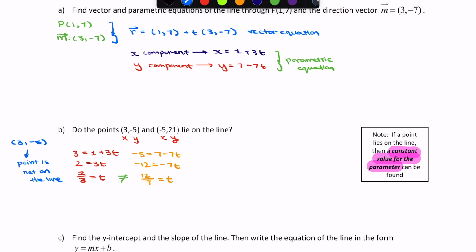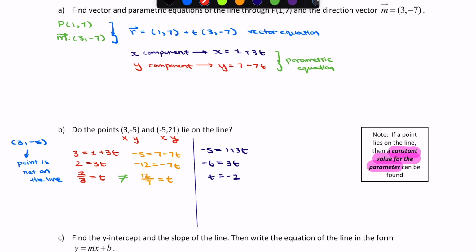Okay, and then we have to look at the other point, which is (-5, 21). So here we will sub that in. We have -5 is equal to 1 plus 3t. -6 is equal to 3t. And here we see that t is equal to -2.